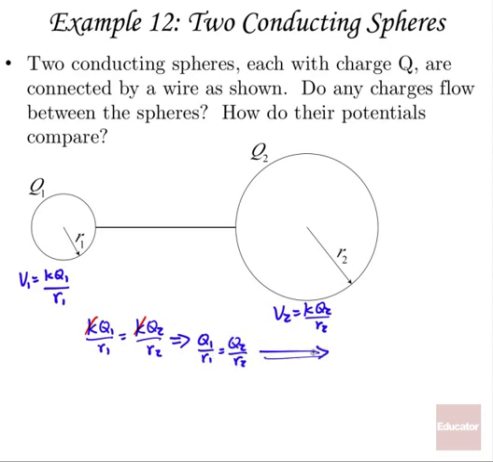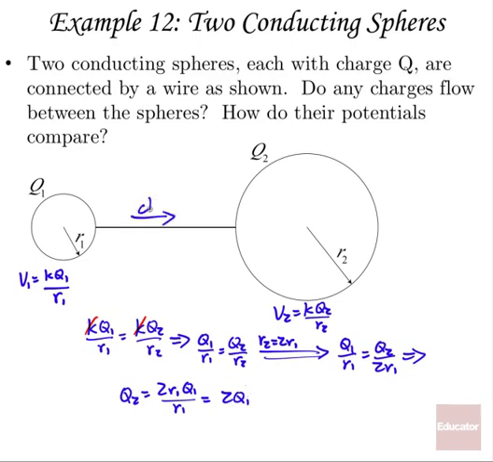And since we know that R2 is going to be twice R1, measuring those lines, Q1 over R1 must equal Q2 over 2R1. Or a little bit more rearrangement to say that Q2 must equal 2Q1. Q2 is equal to twice Q1, then we must have charge flowing from 1 to 2.